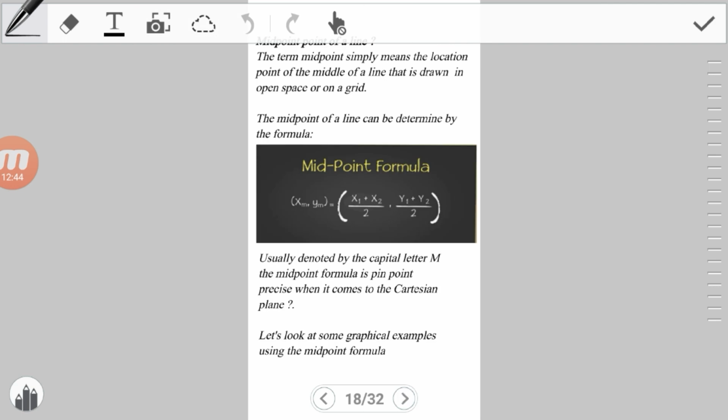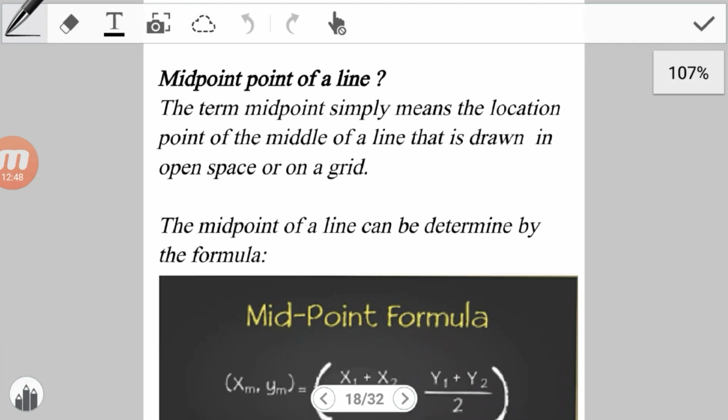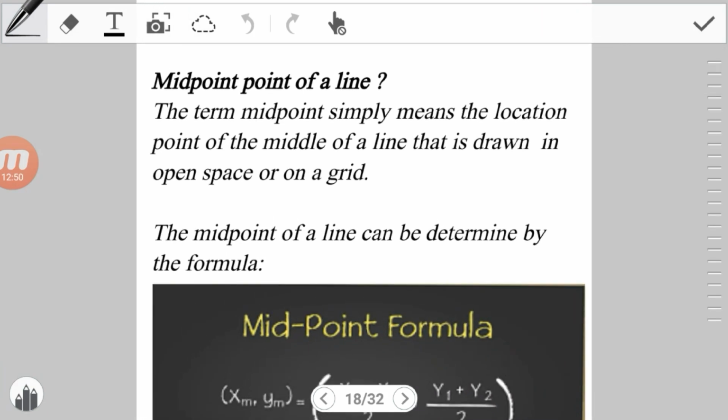Let's move on to the next important application of coordinate geometry. Now what we're going to be looking at next is the midpoint of a line. All right, and this is how we find the central location, the exact center of a line that is drawn on a grid.